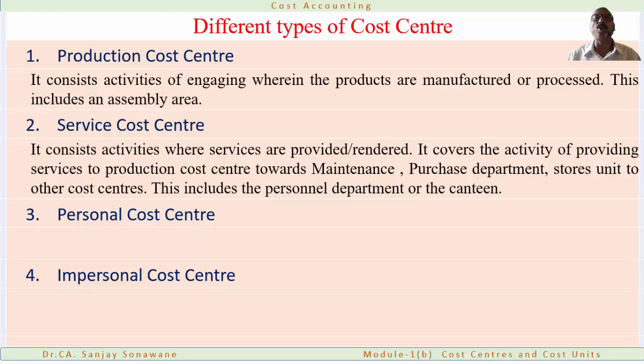We are carrying out a production activity that we have classified as a production cost center. But for this production cost center, they require certain services. Now these services are rendered from some other place. That other place or unit is called a service center. So whatever expenses you incur in a service center, we are centralizing, we are accumulating that cost, and we are saying that this is service cost center.